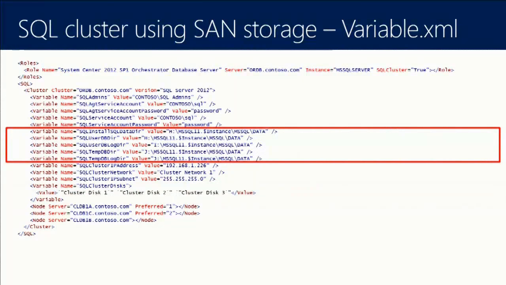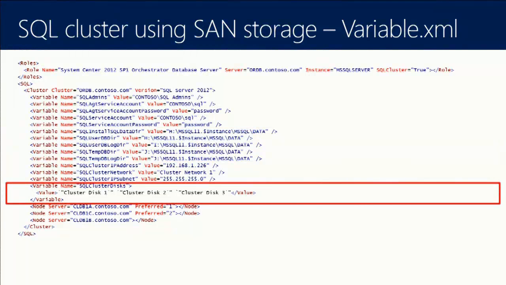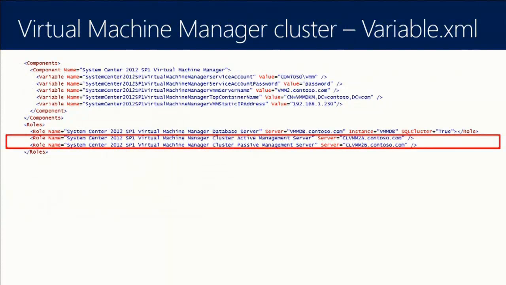And then the UNC paths to each of the locations that are going to be used for the clustered storage. This is an SMB option. You also have to specify the cluster network to be used. And these are the 3 nodes that are going to get installed for that SQL cluster. Same example, except using SAN shared storage instead of SMB storage.